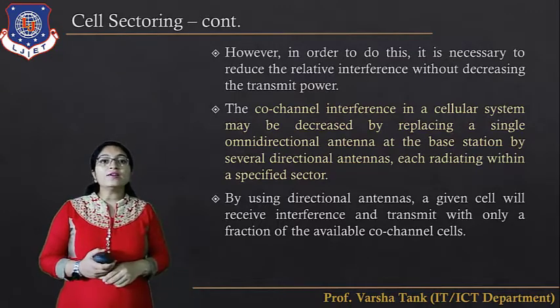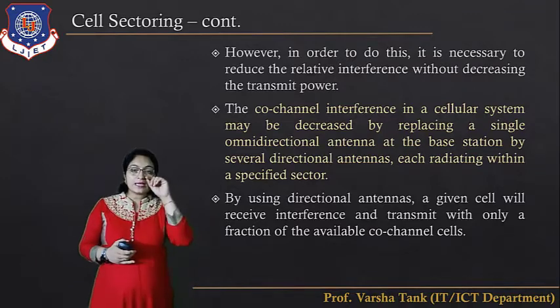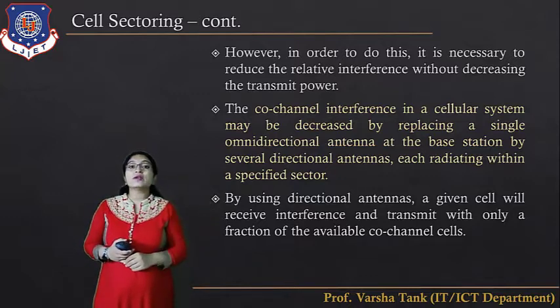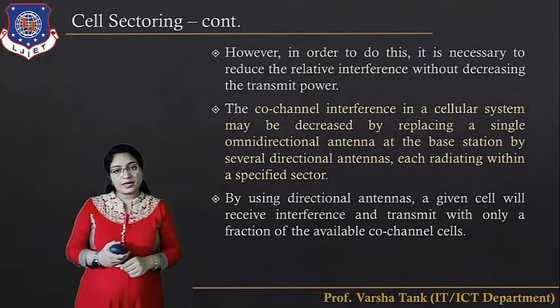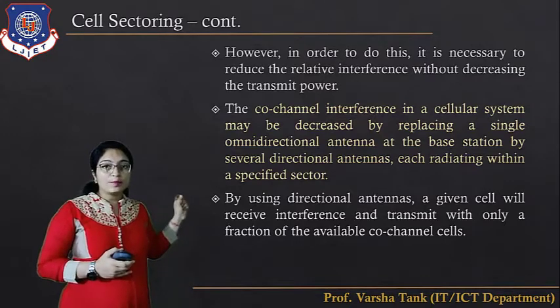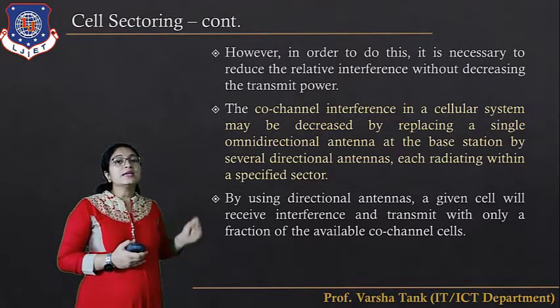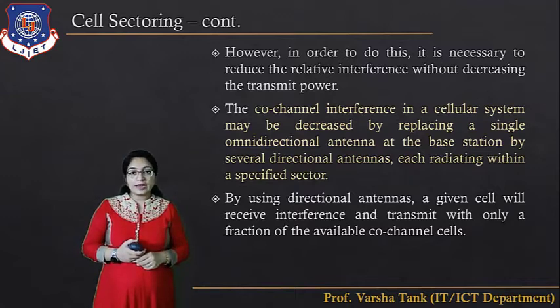So the co-channel interference in the cellular system may be decreased by replacing a single omnidirectional antenna at the base station by several directional antennas, each radiating within a specified sector. So we have to replace the single omnidirectional antenna at the base station by several directional antennas.